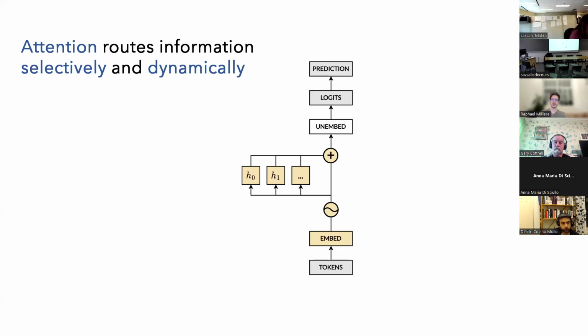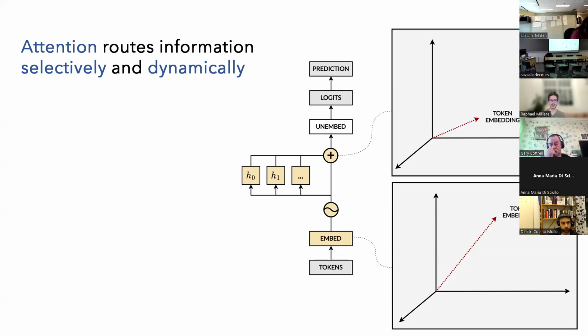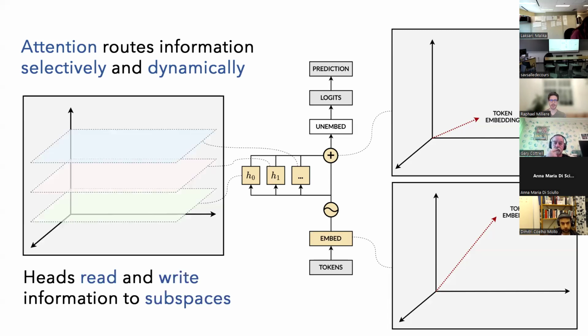And they do this by projecting the original high-dimensional vector embeddings for the tokens into lower dimensional subspaces. So they take these embeddings as input and transform them by manipulating information in different subspaces of the main embedding space.